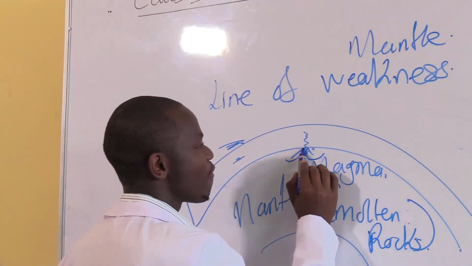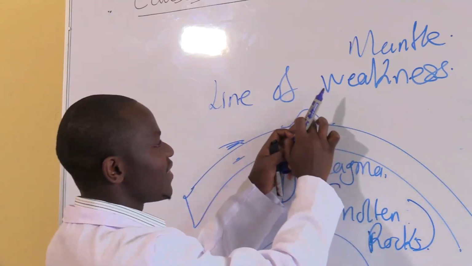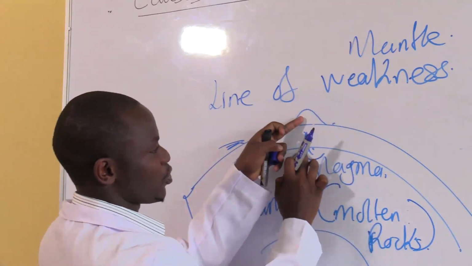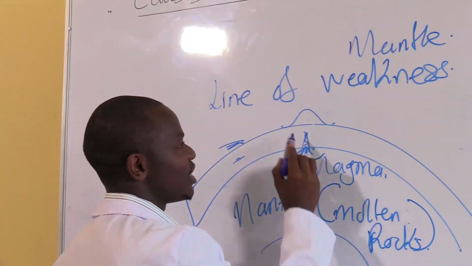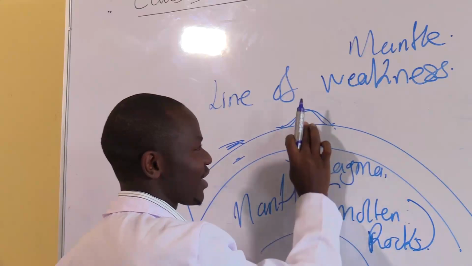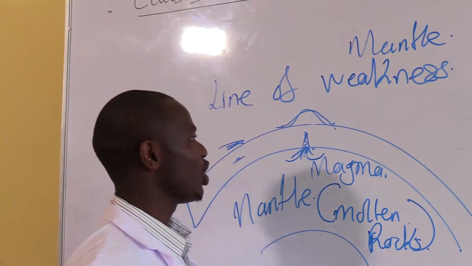It can force the crust to move vertically: due to the force of the magma as it is being pushed to come out, it will push the crustal rocks upwards, causing an upwarping.